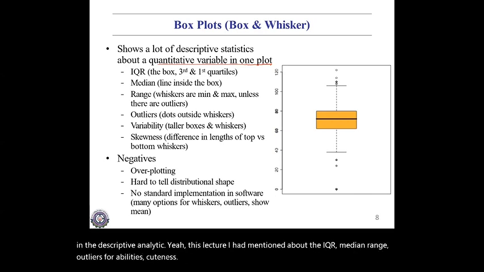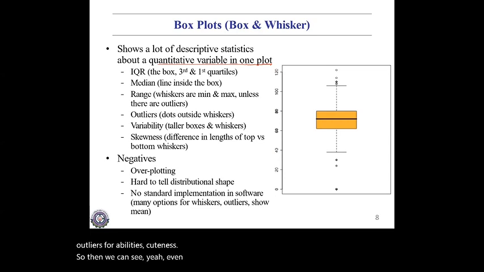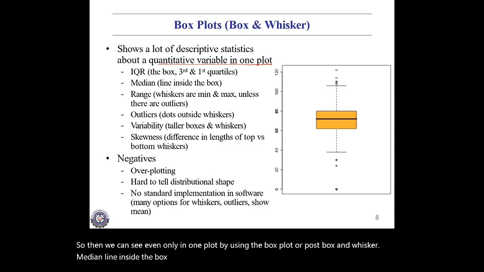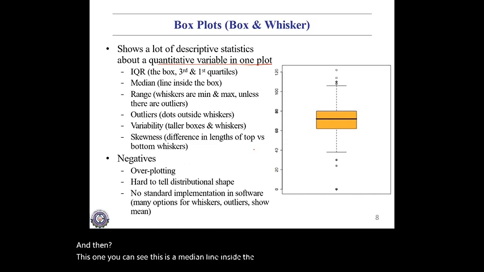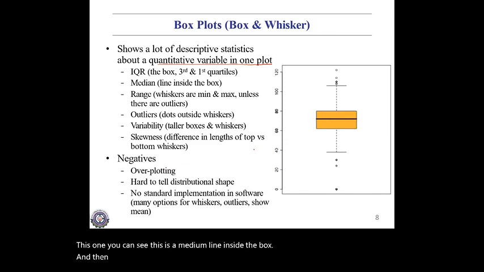So we can see, even in only one plot, by using the box plot, or box and whisker, the median is the line inside the box. You can see the range from the whiskers, min and max, and outliers are the points outside the whisker.